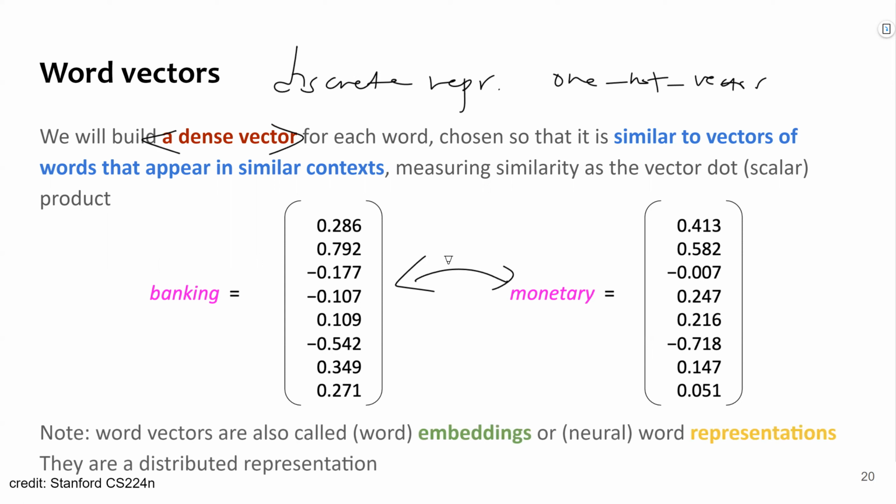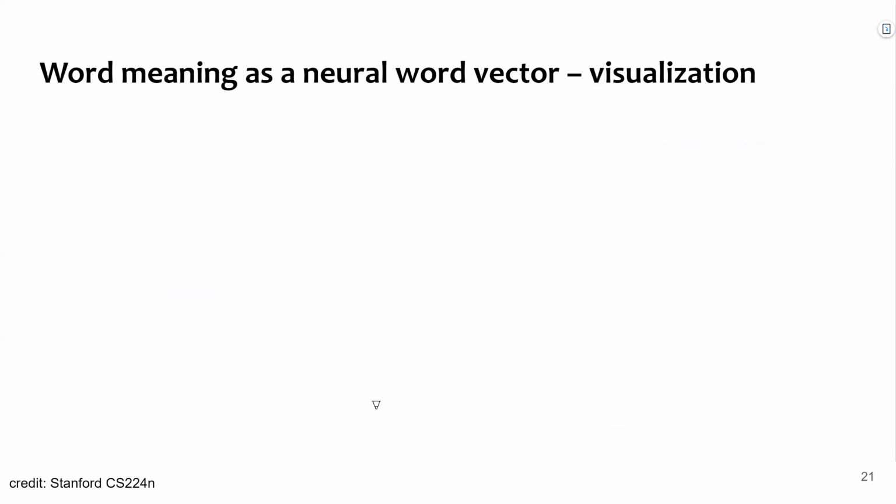And word vectors are also called word embeddings or neural word representations. They are a distributed representation. For word meaning as a neural word vector, I'm going to show one example of visualization.